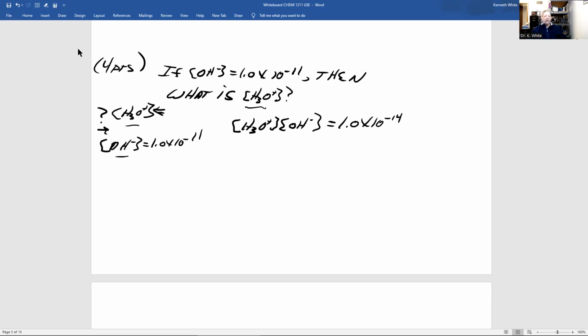Now, what are we trying to solve for? The hydronium ion concentration. What 2 steps do you have to do there and there to get that alone on one side? Your turn.